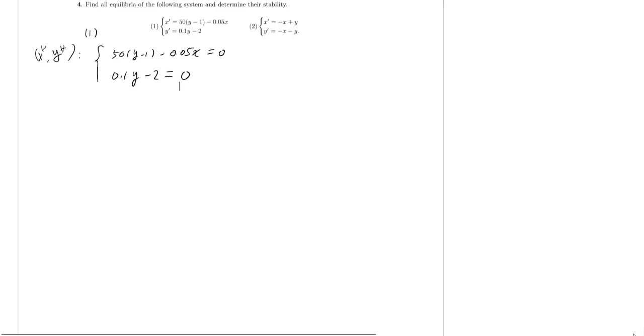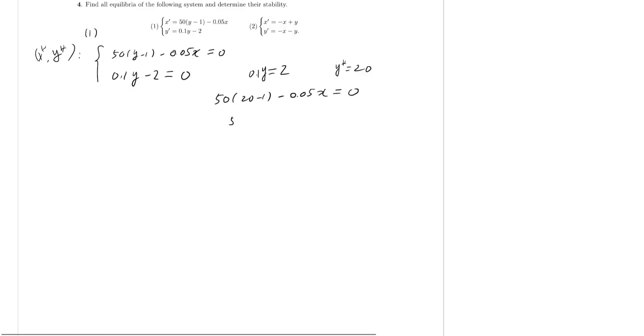Now to solve this system, we start from the second one, because 0.1 times y is equal to 2, and we have y star is equal to 20. Multiply 10 both sides. If y is 20, then we plug in the equations, so 50 times 20 minus 1, and then we will be able to solve x, and this is equal to 0.